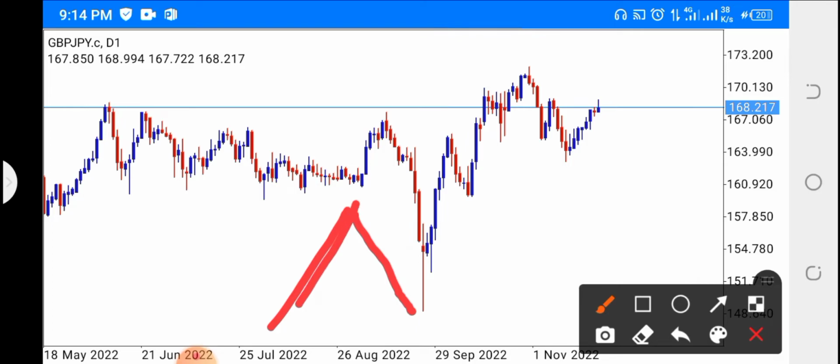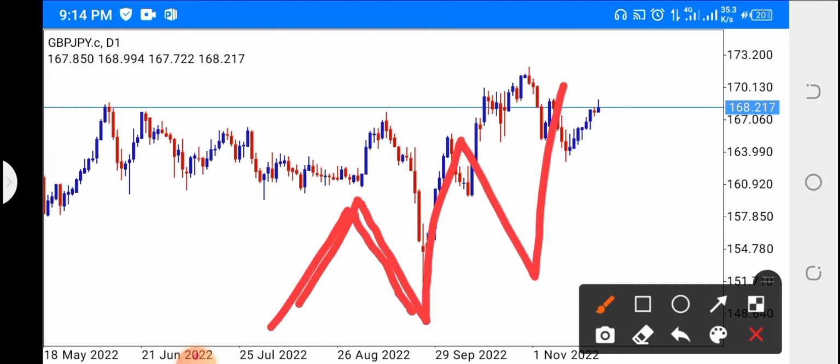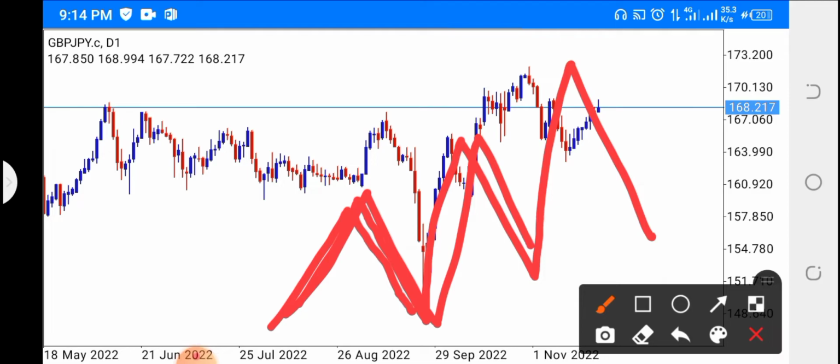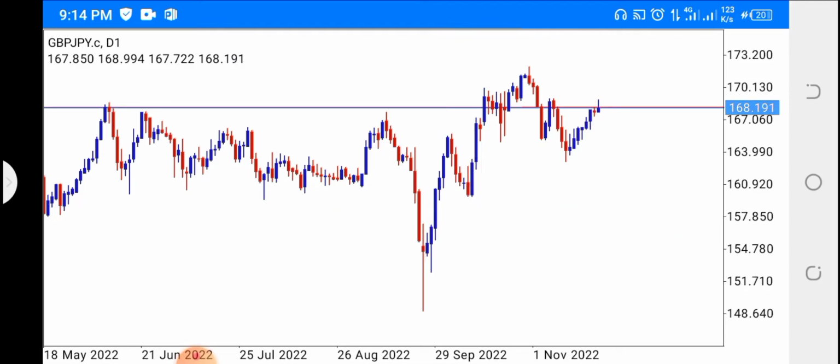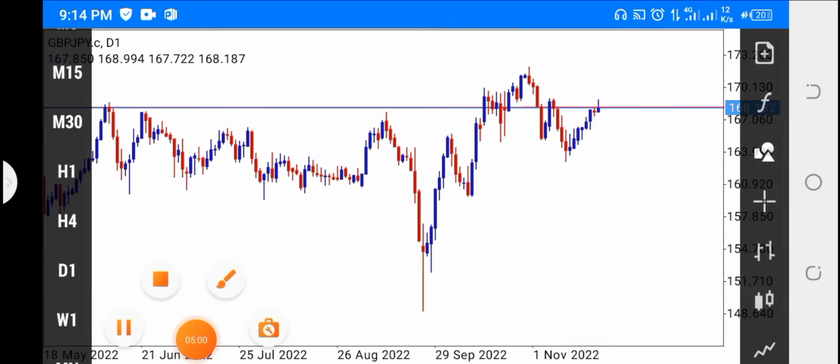This one is an impulse correction, or you can call it an expansion retracement. They have several names that they call it.